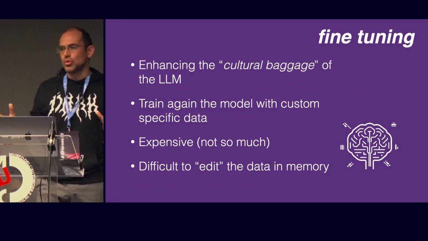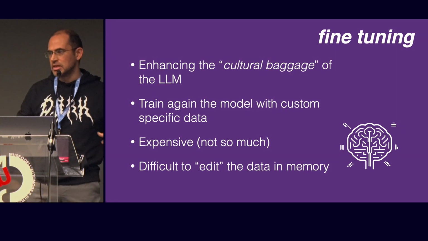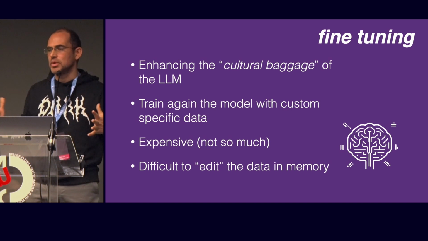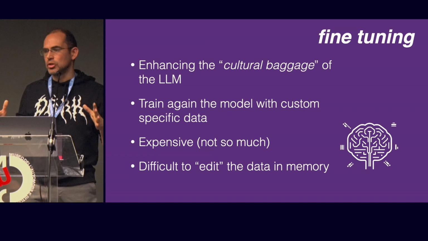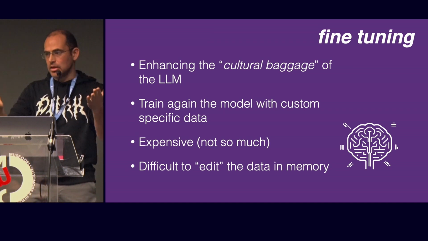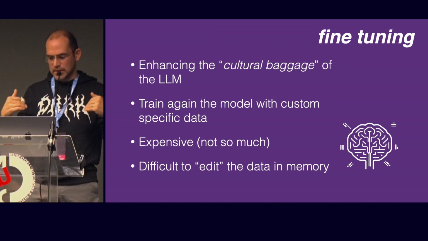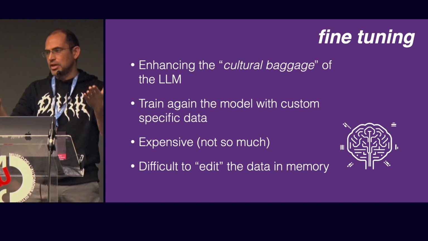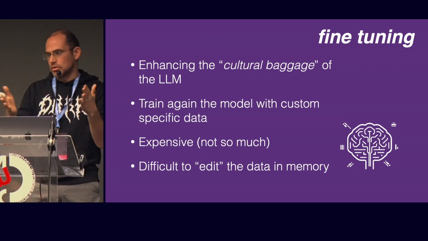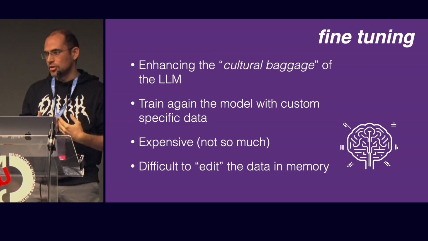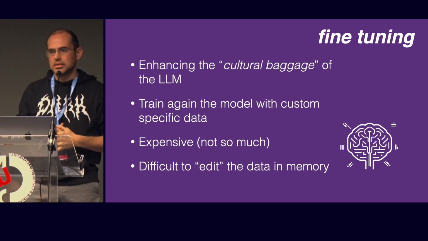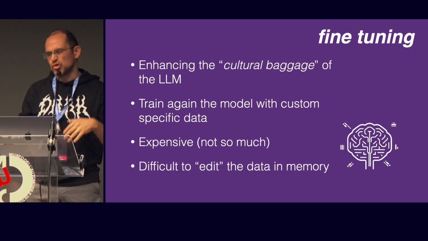There is another solution, the big one: fine-tuning. What does it mean? It means taking the language model and training it again with our data, letting it study our information. That could be not so cheap.